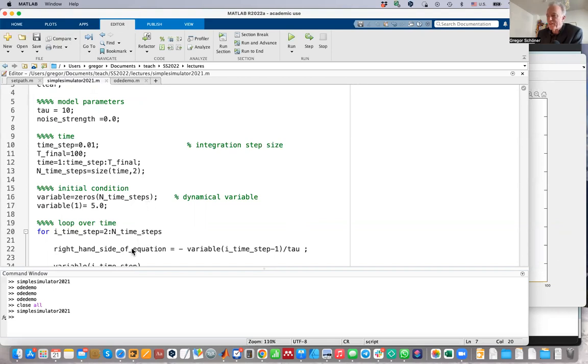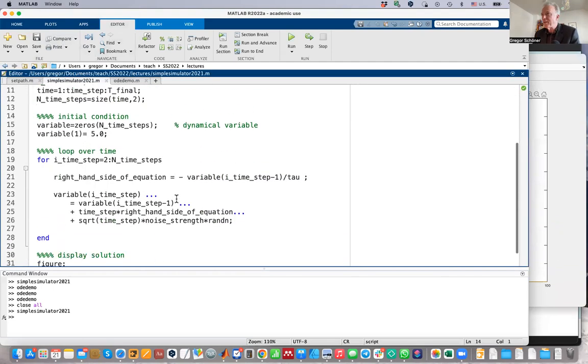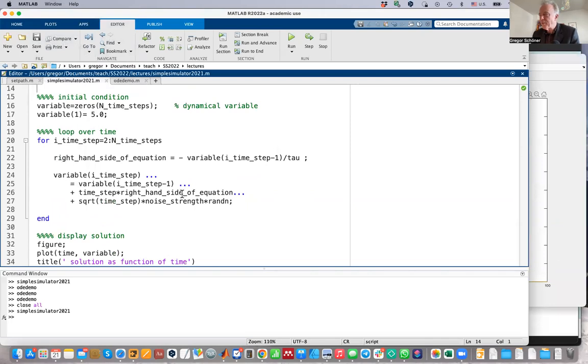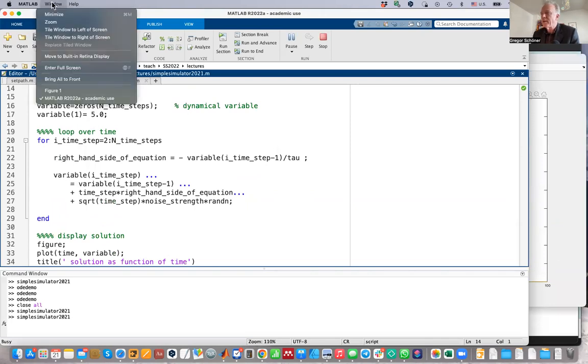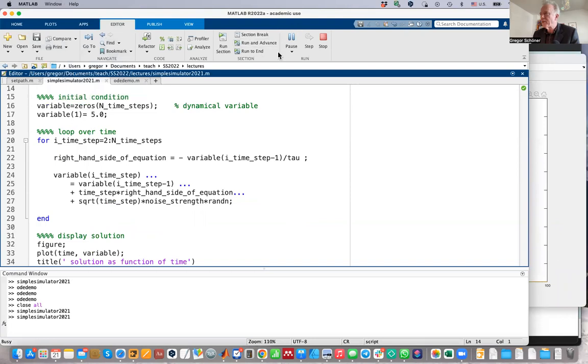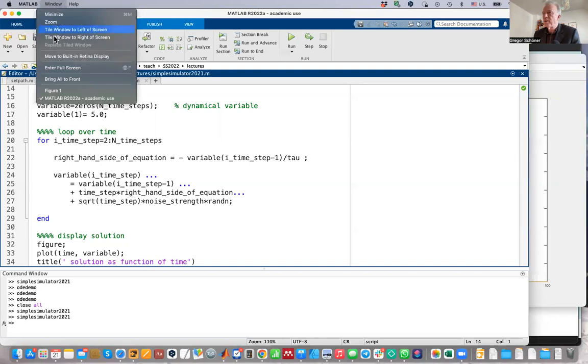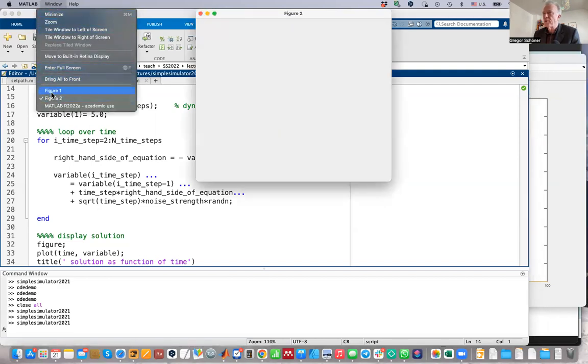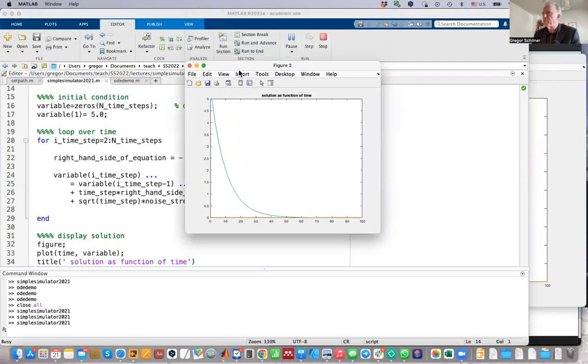Did MATLAB crash here or what? Not a very good advertisement. It looks like it's still running here, or what's going on? I don't know. There we go. I don't know why it previously didn't run.